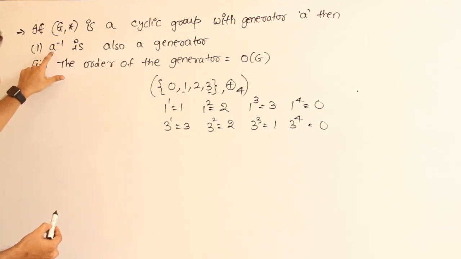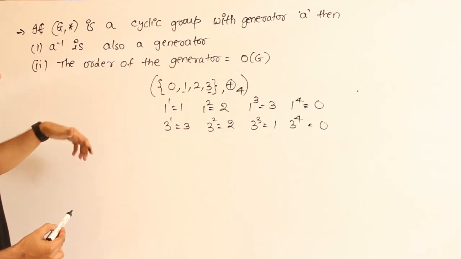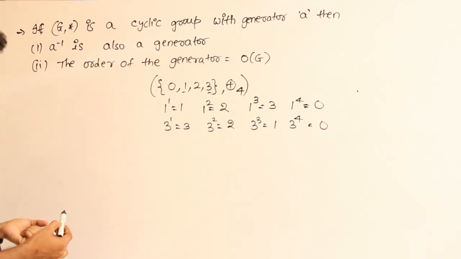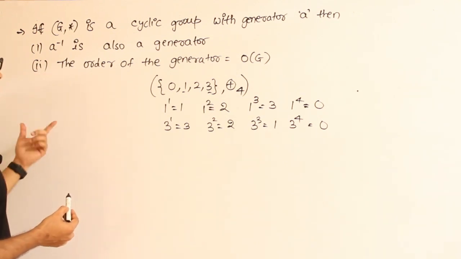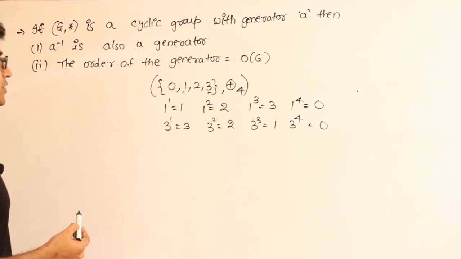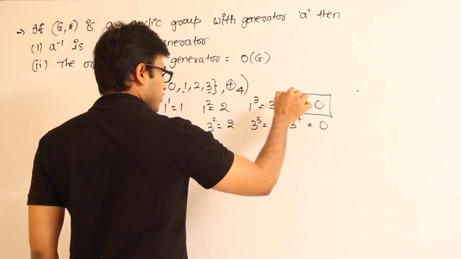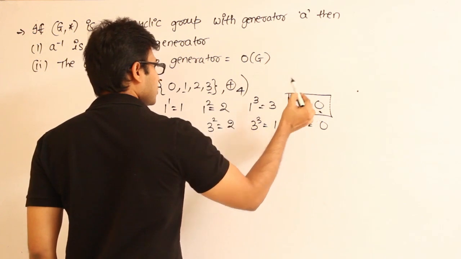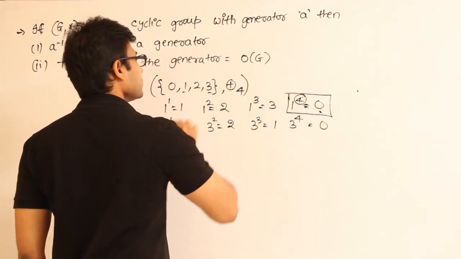What does it mean? If A is a generator, then A inverse is also going to be a generator. Yes, it is true. And also see the second point, the order of the generator is equal to the order of the group, which means if 1 is the generator, then in order to get the identity element, you are raising it to the power 4. This 4 is nothing but the order of the group.